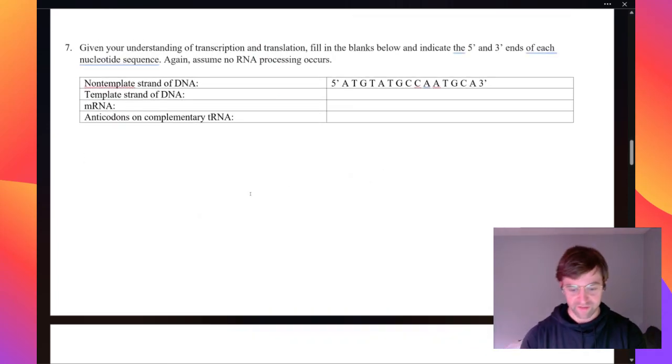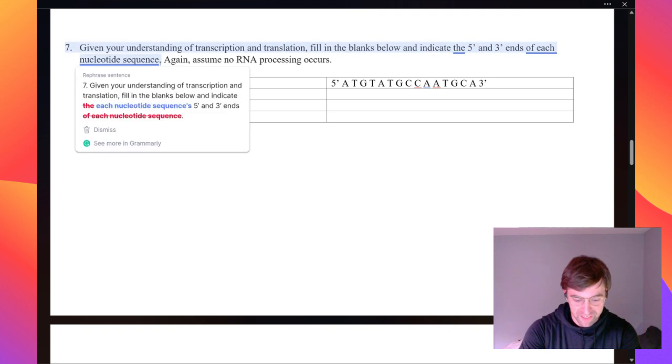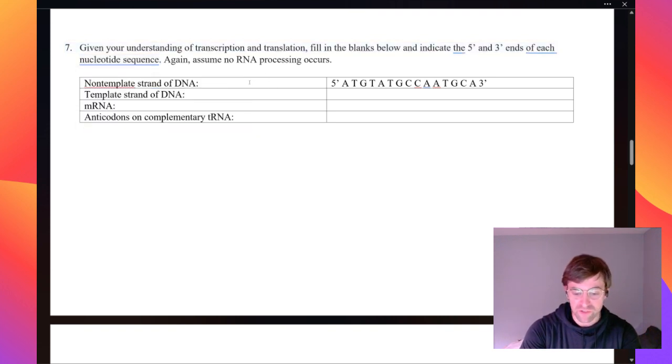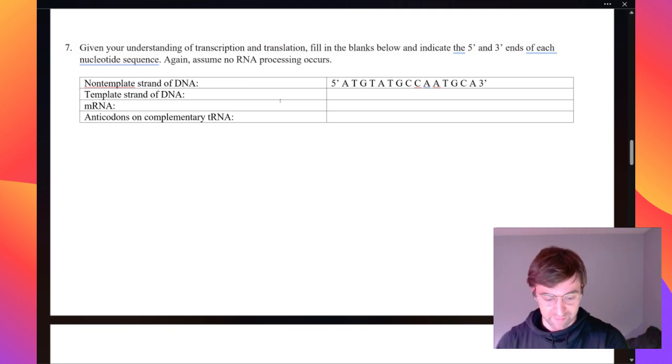Given your understanding of transcription and translation, fill in the blanks below and indicate the 5' and 3' ends of each nucleotide sequence. Again, assume no RNA processing occurs. So we're going to go directly from a non-template strand of DNA to a template strand based on that non-template strand.